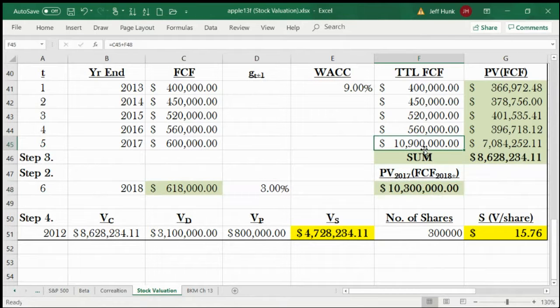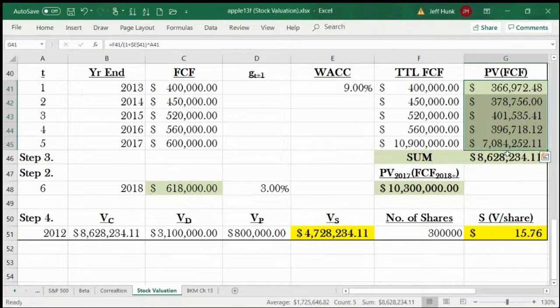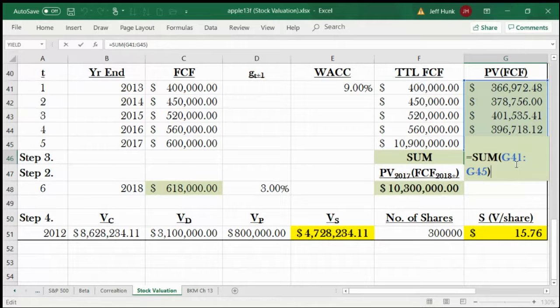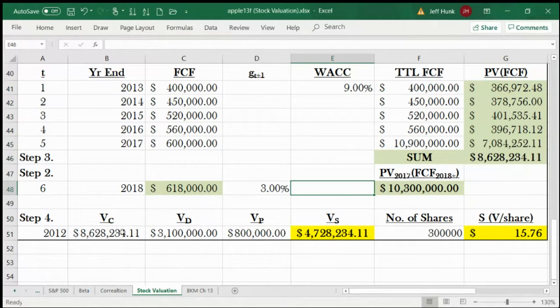So that's why the F column, F45, is this. And I find the present values of all of them, which is simple present value. And then you arrive at the sum of all of it.